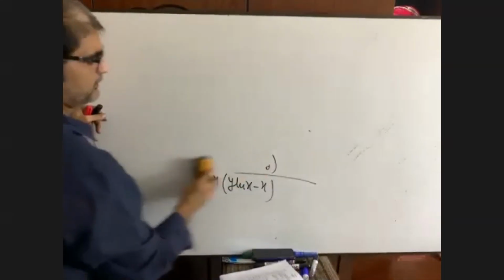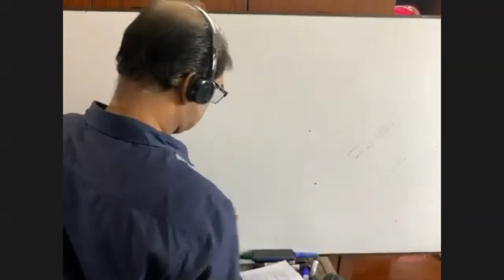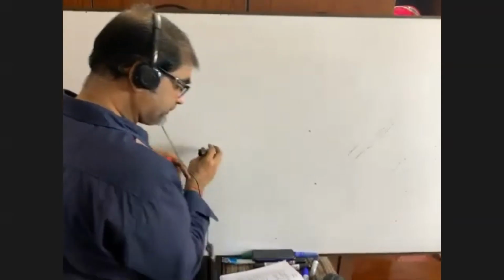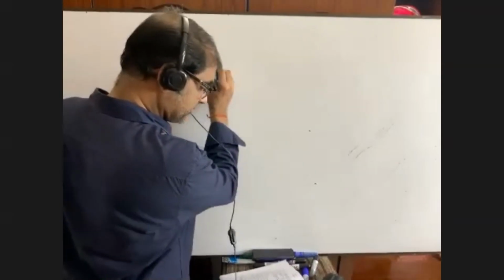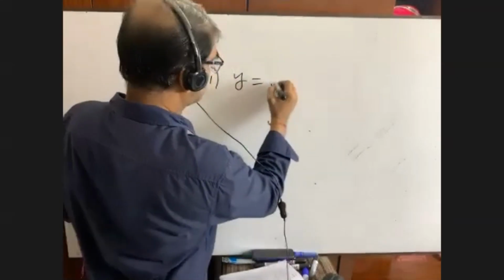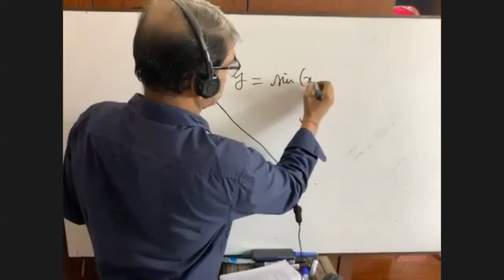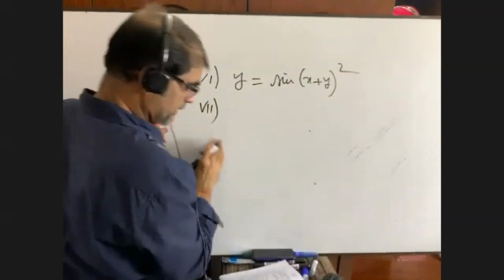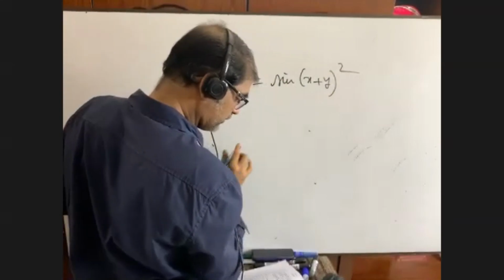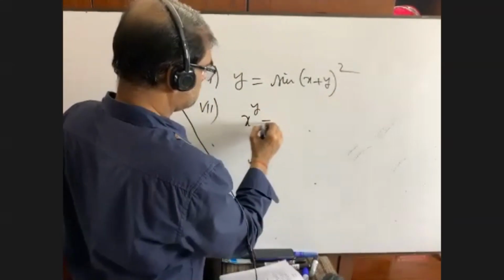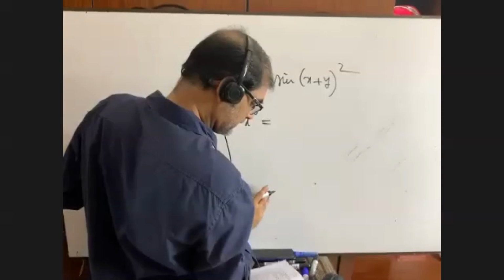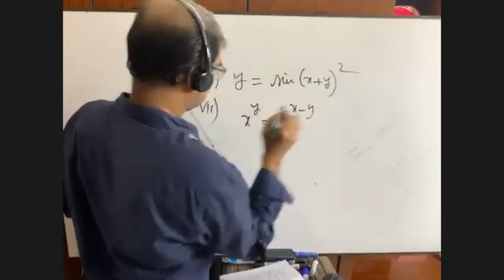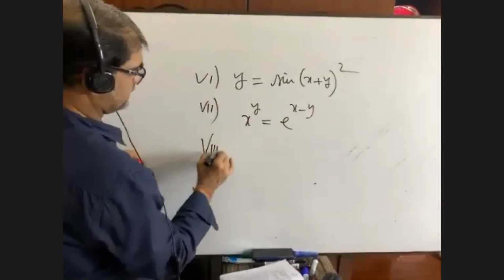Sir, you are giving homework? You take some maths from here. You take some math. Question number 6. Why important? Sin of x plus y, whole square. Question number 7. You do some math at home. Sir, what will we do at home? Should we find dy by dx for all of them? I told you at the very beginning, right? Yes, sir. Question number 8.